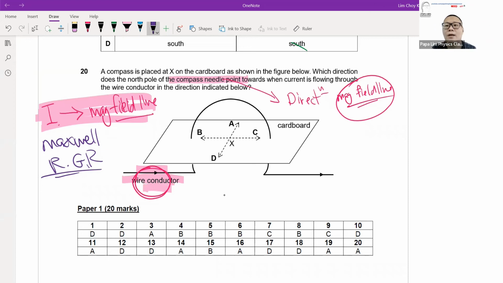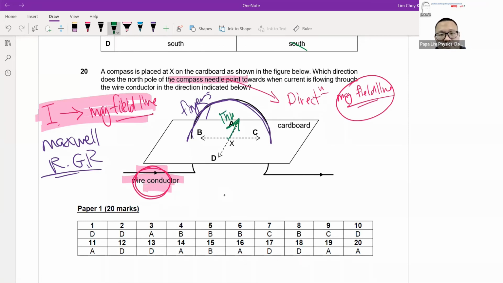So the moment you have current to field lines, straight away you know you use your right-hand grip rule, you grip the current. If it's a solenoid, the coil will represent the current here, and this is where your fingers will grip. Your fingers will be gripping this coil, and you'll find that your thumb will point in this direction.